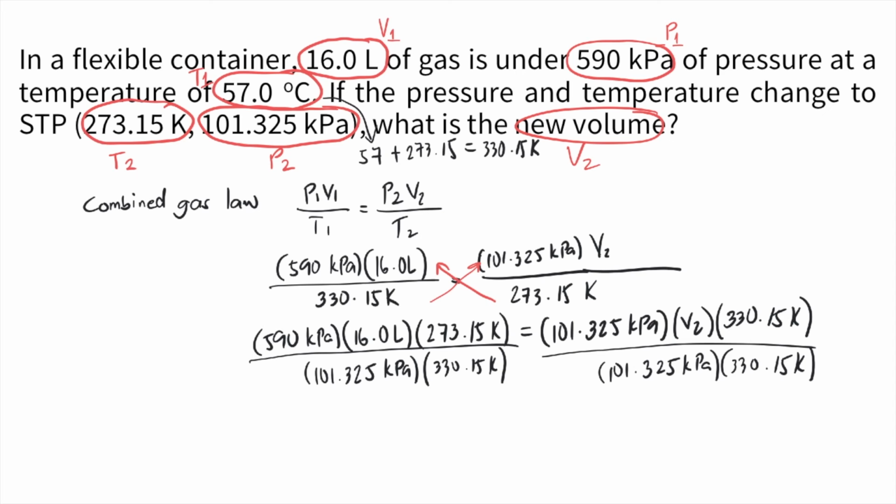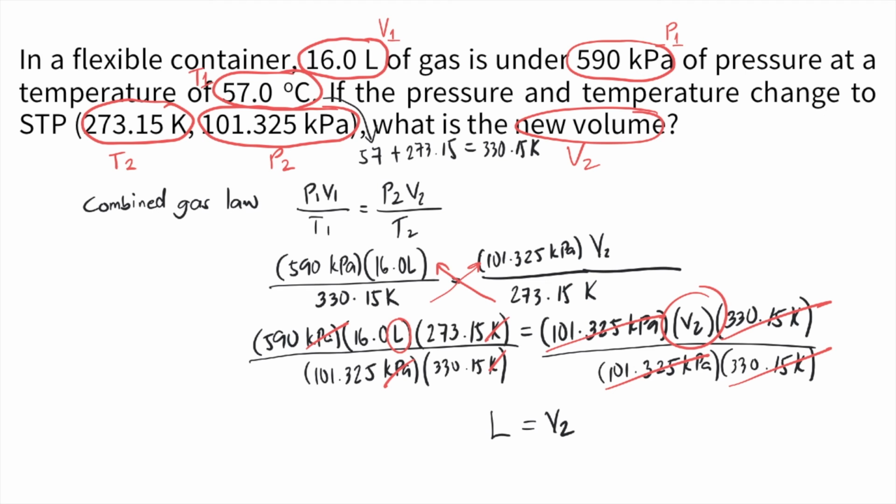As you can see, 101.325 cancels on the right side. 330.15 also cancels on the right side. So what is left is V2. And on the left side, kilopascal would cancel, Kelvin would cancel. So what remains is liters, which is the unit of volume.